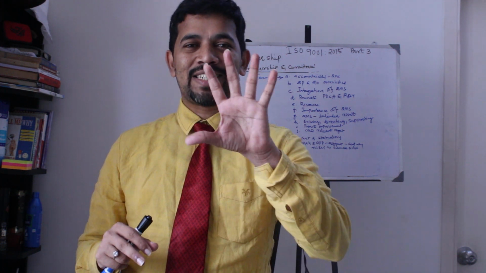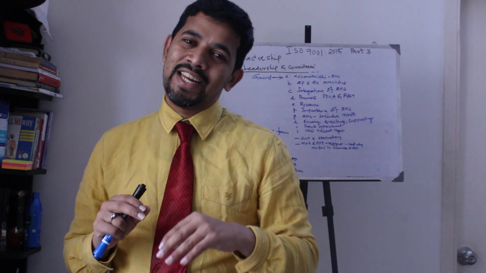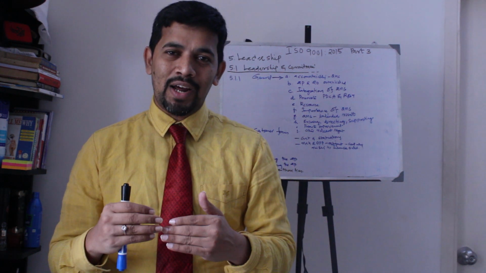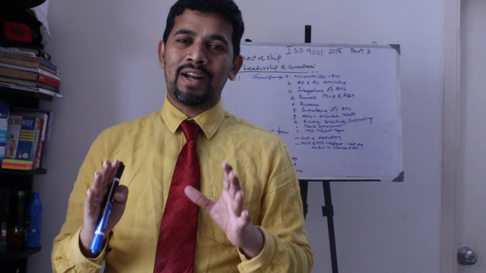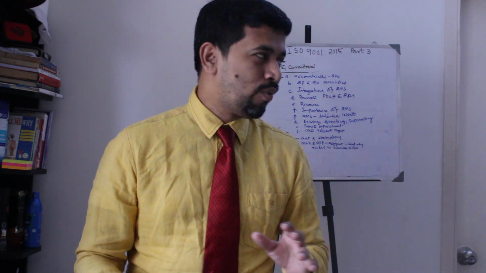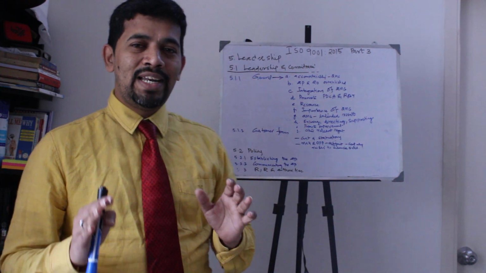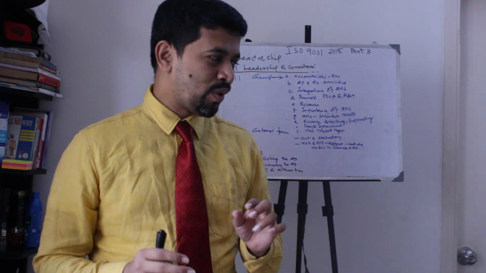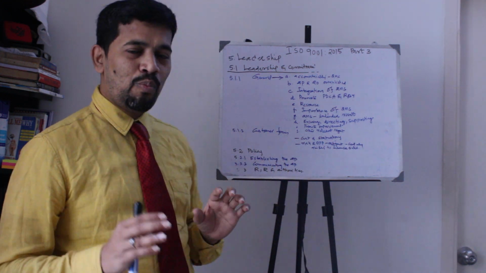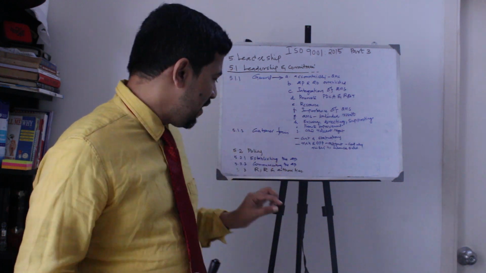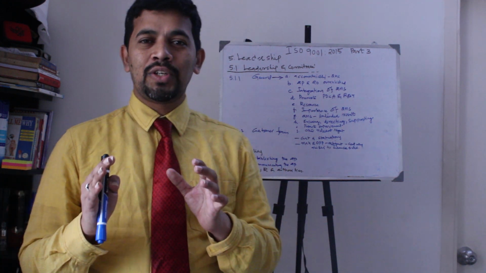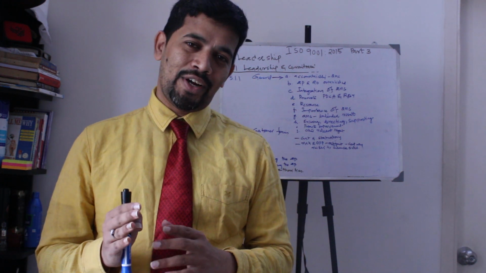Today we have clause number 5, that is the leadership clause. In the leadership clause, namely we have 3 clauses. If you look at 5.1, leadership and commitment. Then you have 5.2, policy. And then you have 5.3, roles, responsibility and authority.